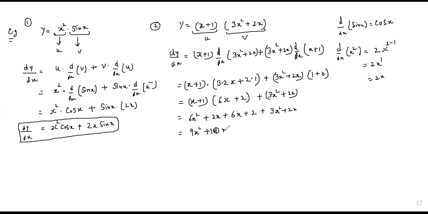This is 10x plus 2. This is my derivative. So any doubt in this question to any student? Then I'm going to start with the NCERT. No, sir, no doubt.